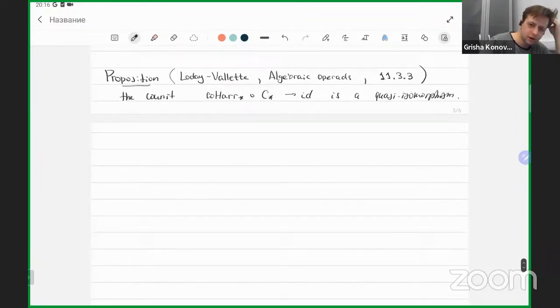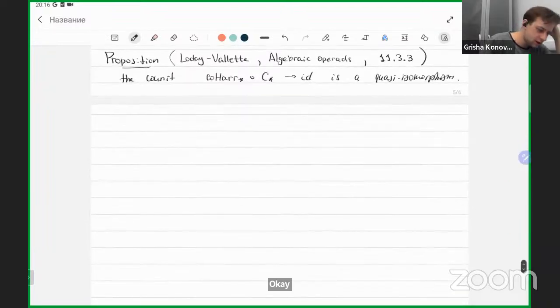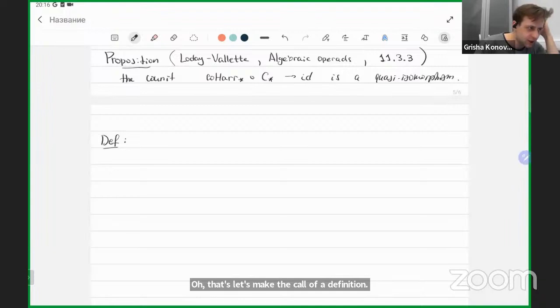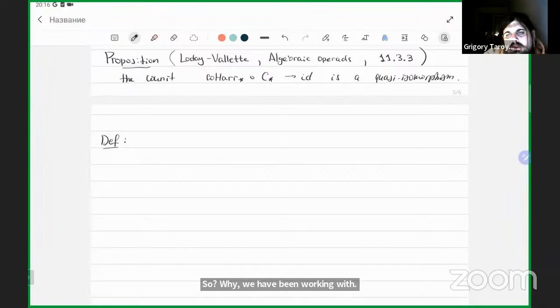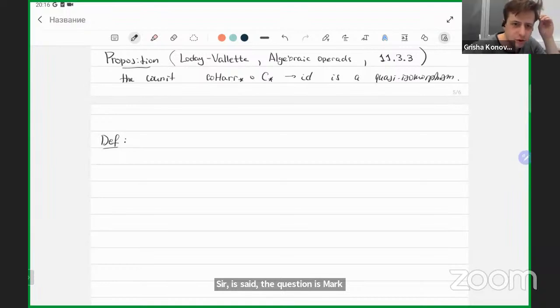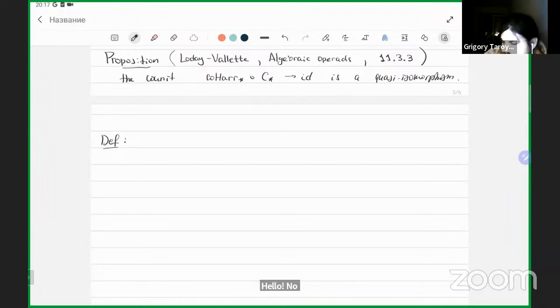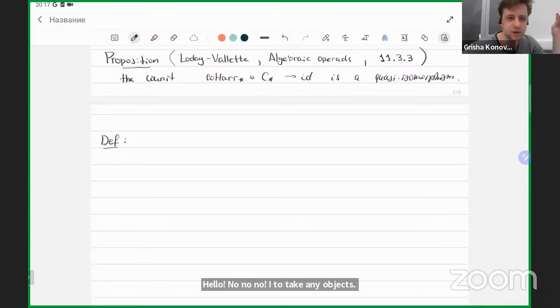Is it a quasi-isomorphism on all objects or just on cofibrant ones? No, on all. Take any object, and it's going to be a quasi-isomorphism. Okay, great.